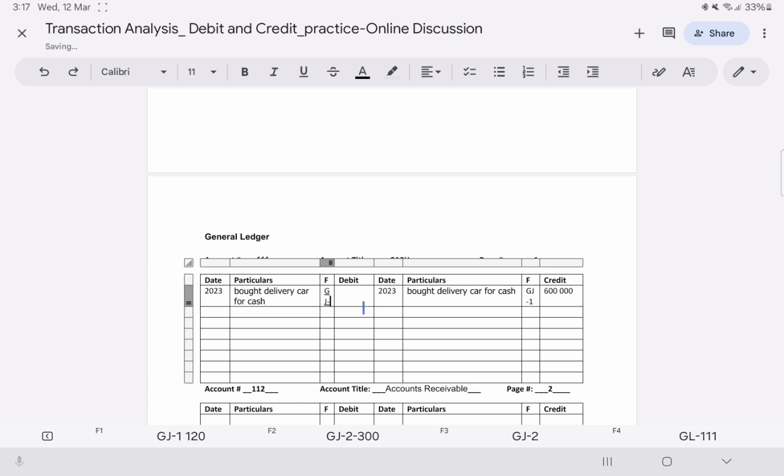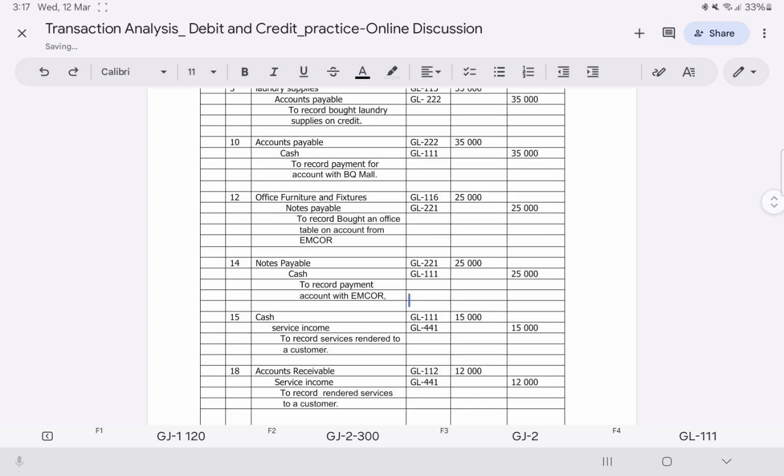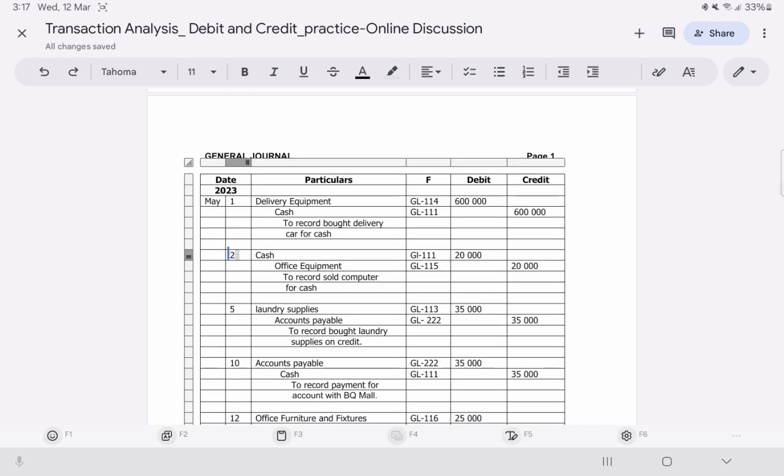Are you sure? This is transaction number 2 already, so we are done with transaction number 1. This is 20,000, and the cash that I'm referring to here is the May 2 transaction, where you record the sold computer for cash.